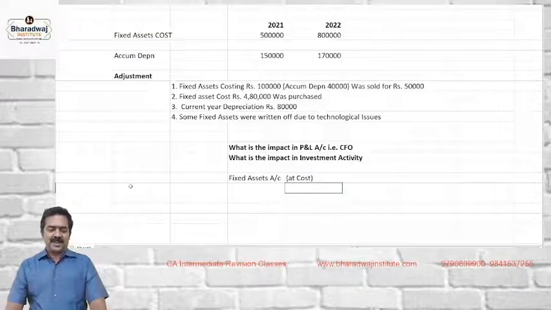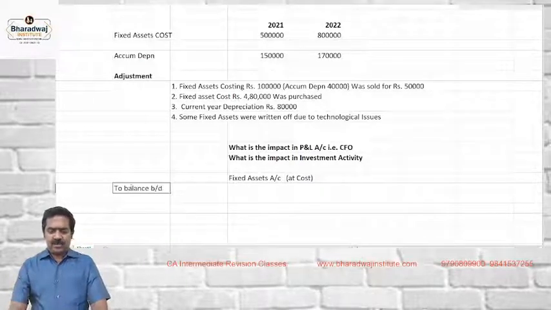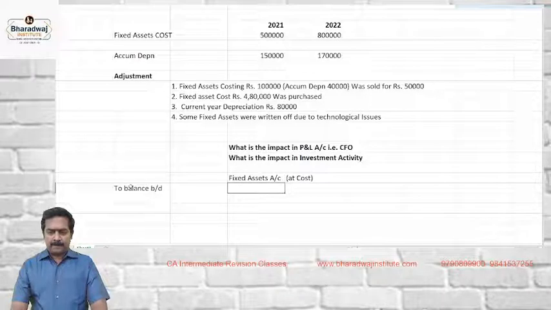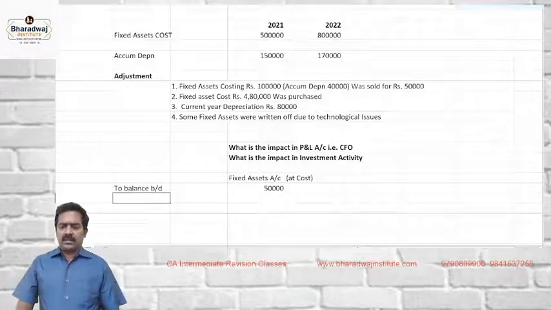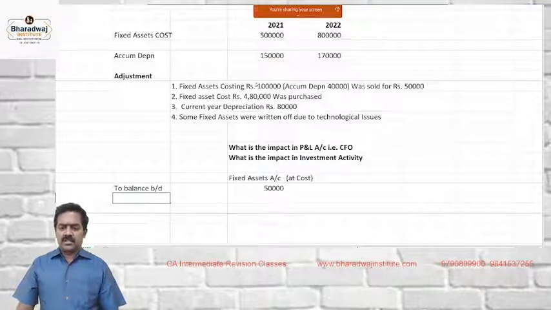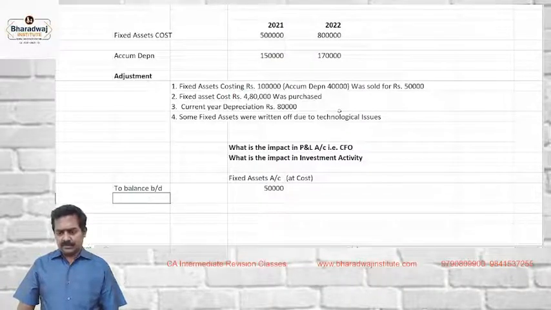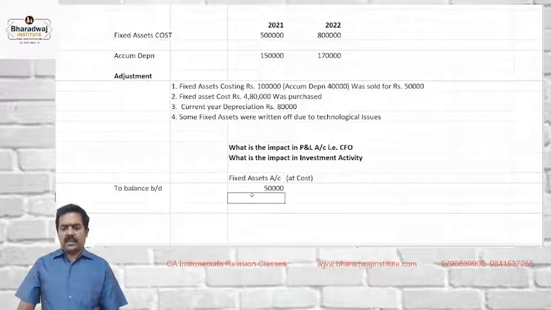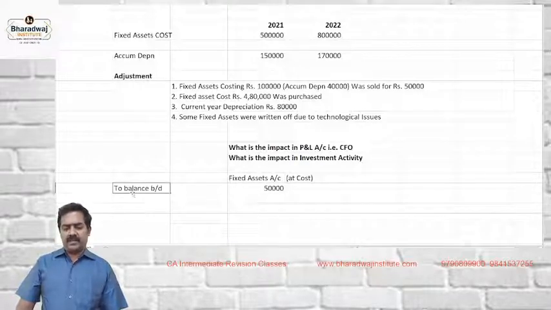Fixed assets will have which balance? To balance brought down, how much? Your screen is visible. There is no issue in the screen. I have shared the screen. I hope it is visible. Kindly exit and join the meeting, or you will find the screen.